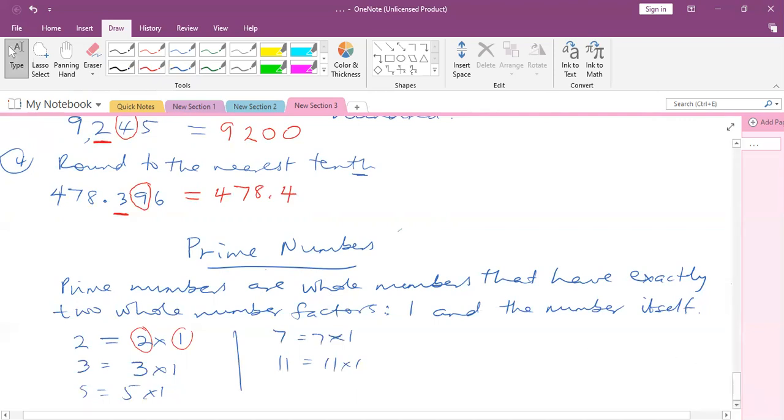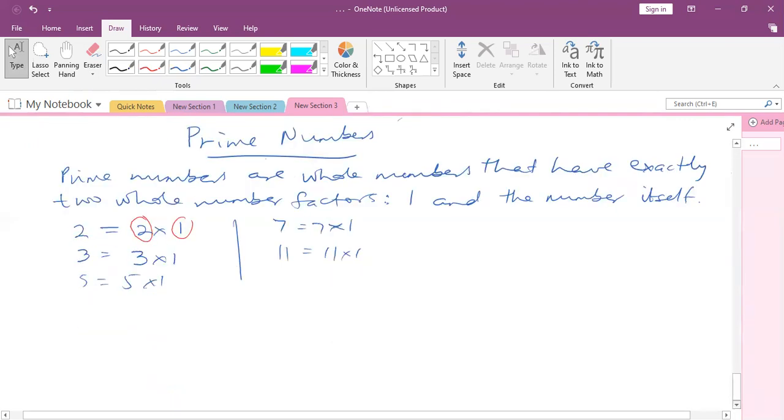Okay, now let's look at an example. If I take a number like 9, 9 can be 9 times 1. I can also have 3 times 3. So if I look at this, the factors of 9 will be 3, 9, and 1. So 9 has 3 factors.